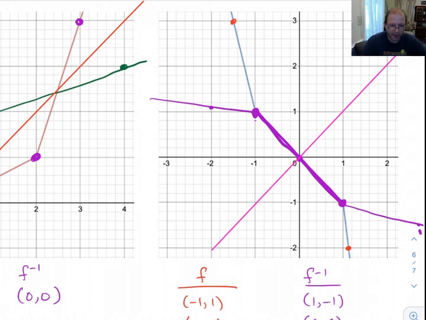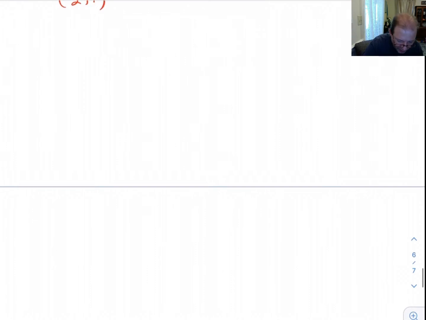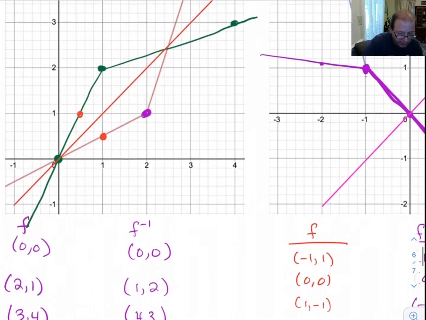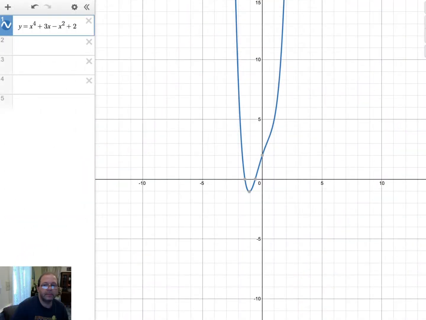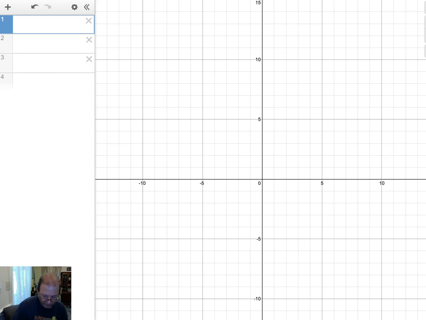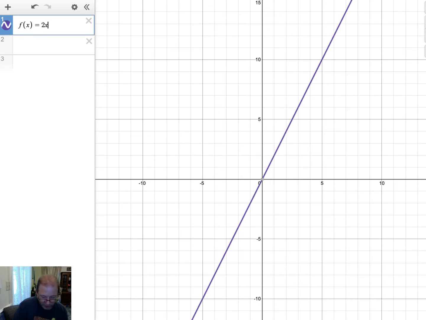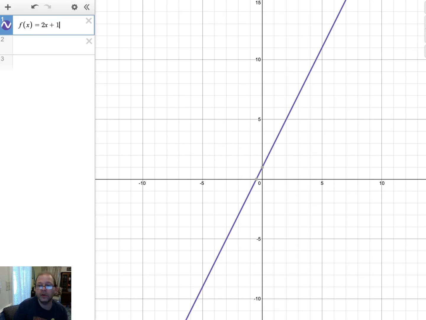Now let's play for just a minute on Desmos. I don't think I've got any more examples on here. Let's look at some examples. If I put in y equals, let's go back to our original function that we looked at, f(x) equals 2x plus 1.